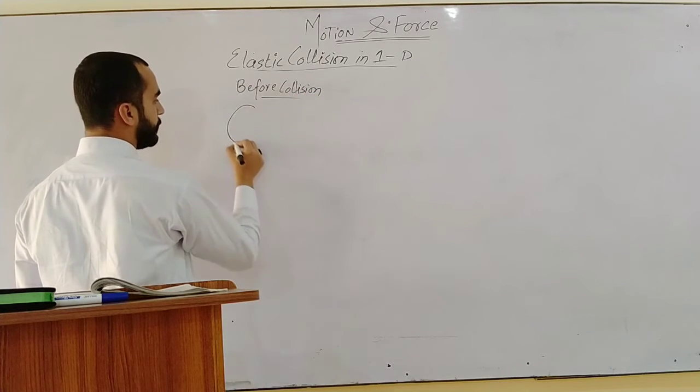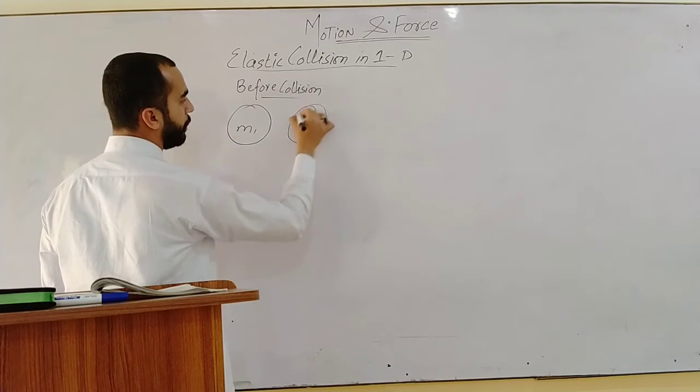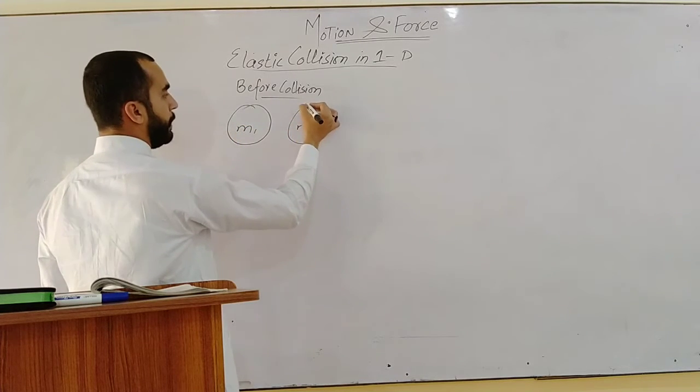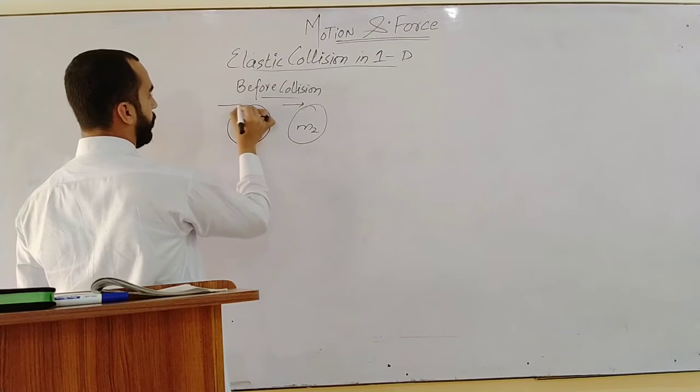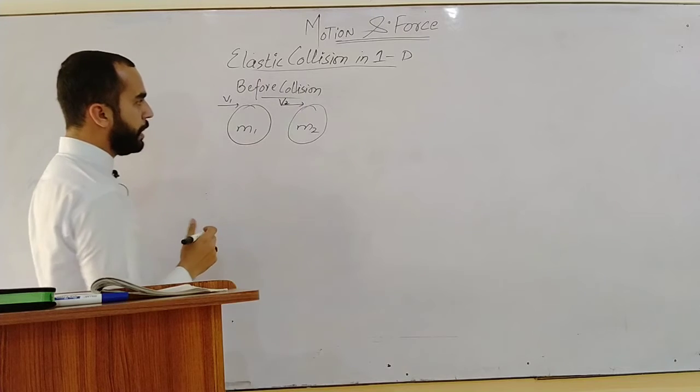These are the two bodies, M1 and M2, moving in the same dimension, and their velocities are V1 and V2.